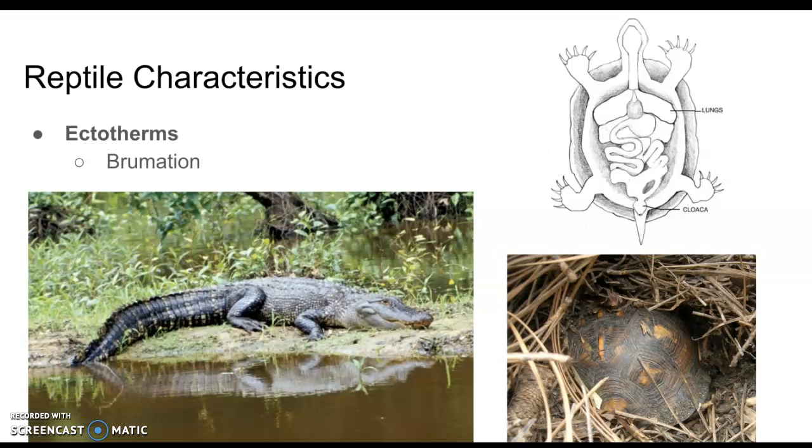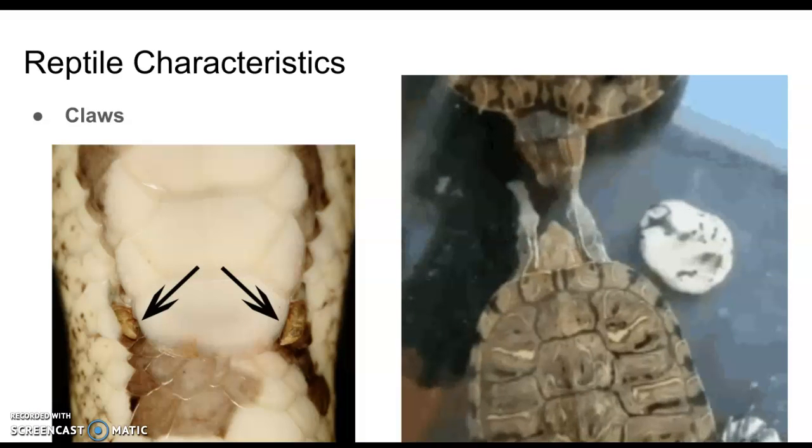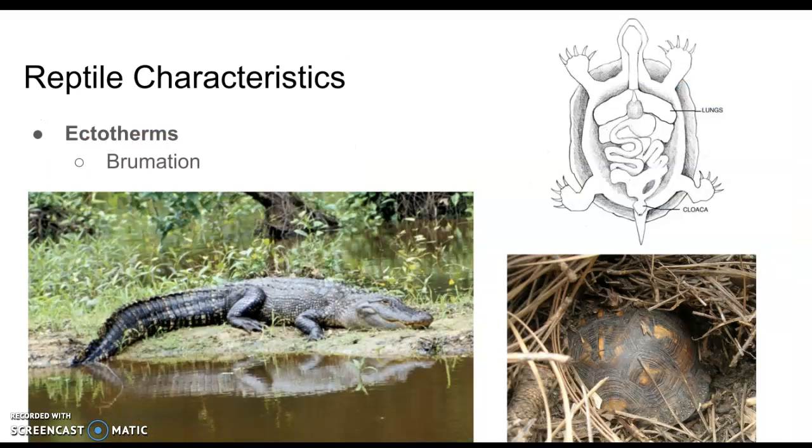What does that mean? It's almost as if they go into deep sleep, so they use minimal energy, and they will then not come out until it gets warm again.